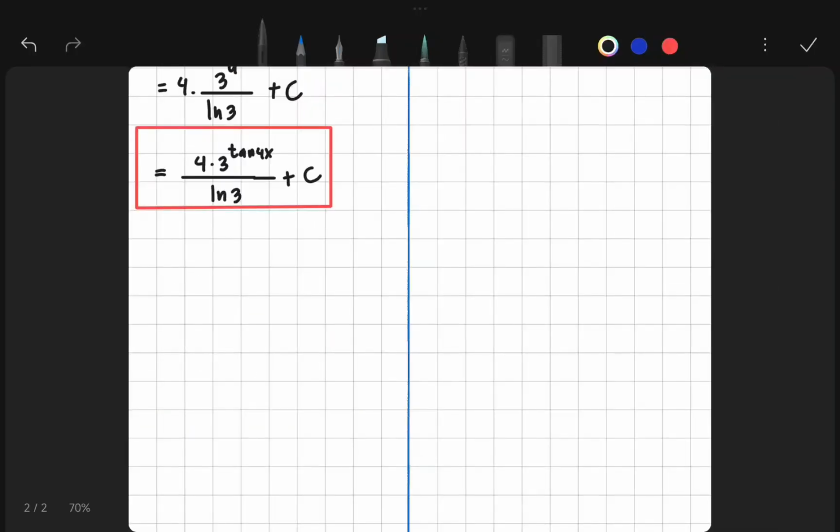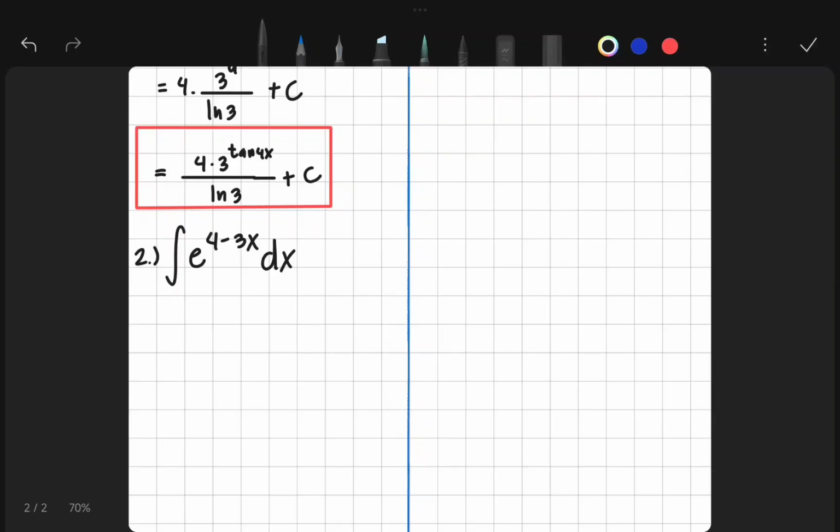So for our second problem, we will have the integral of e raised to 4 minus 3x dx. Okay, so this is our second problem.